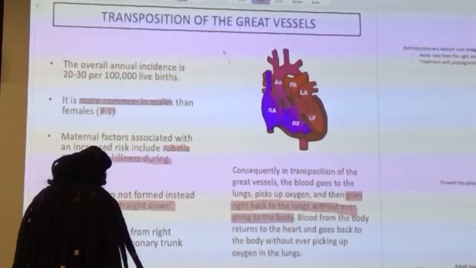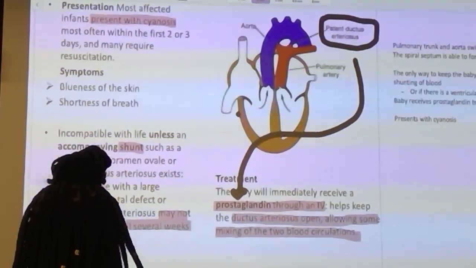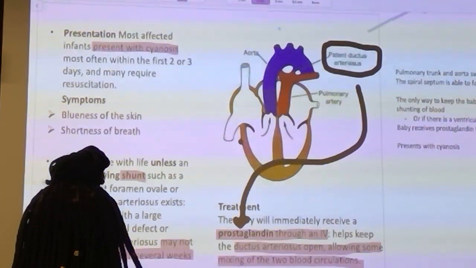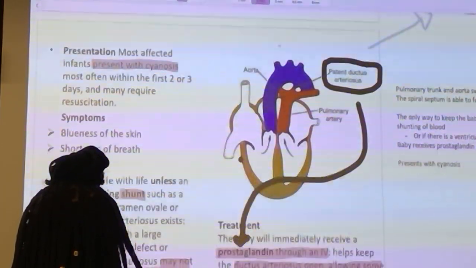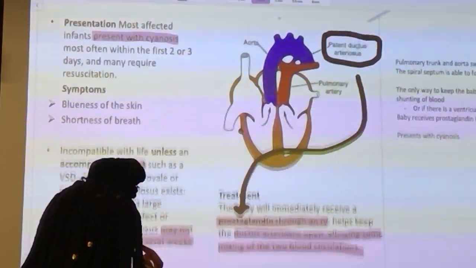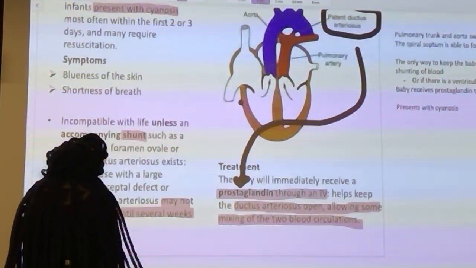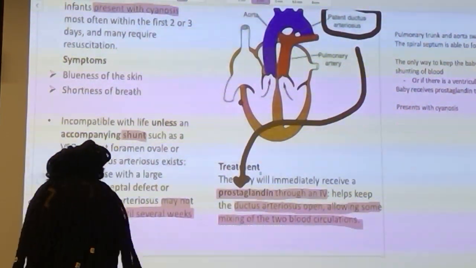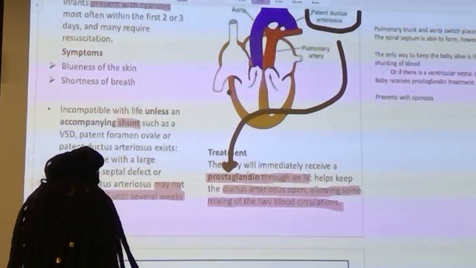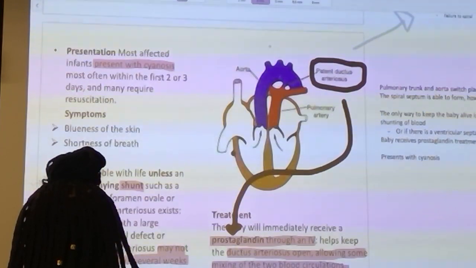Okay, then transposition. The aorta is on the right side, pulmonary artery is on the left side, and what you need to keep the baby viable is to maintain the ductus arteriosus, and to maintain it, you give them prostaglandins. So prostaglandins keep it open. And then, yeah, this is what it looks like.